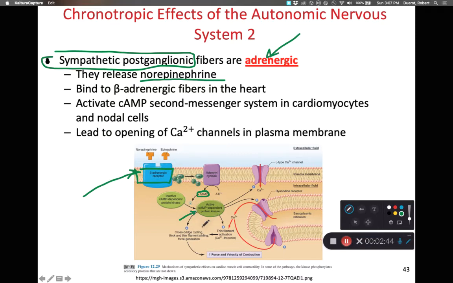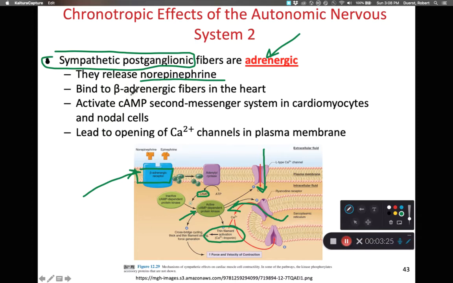As we have that increase, we find that they cause the calcium channels to open, and as we have more calcium entering into the sarcoplasm of the heart, we have more calcium that's going to bind to troponin, and as troponin has calcium bind to it, we can initiate the cross-bridge cycle, which we talked about in great detail last semester.